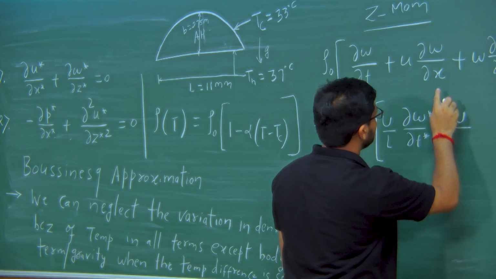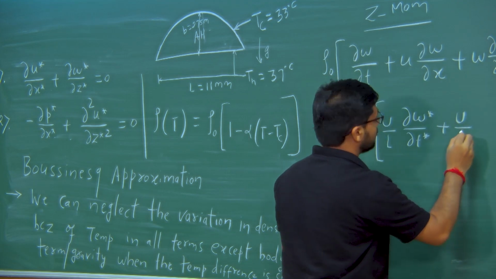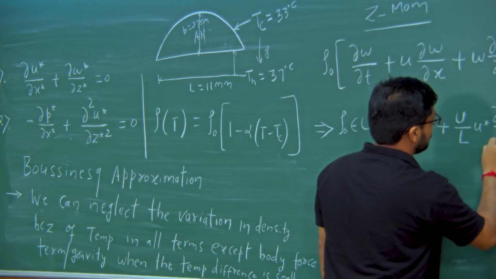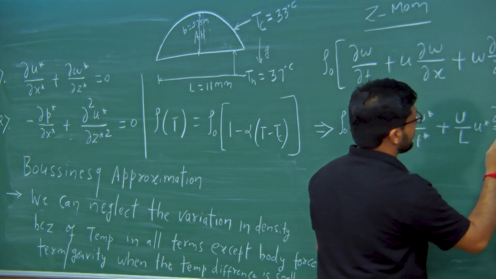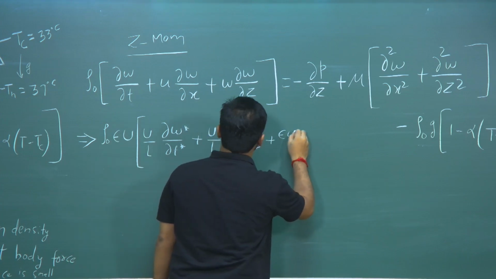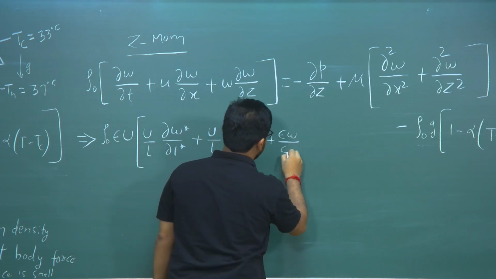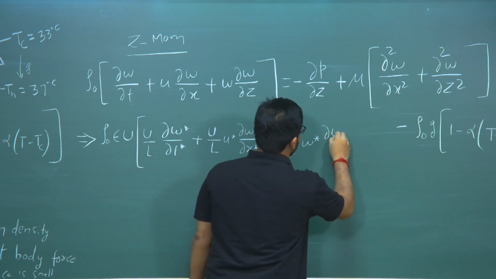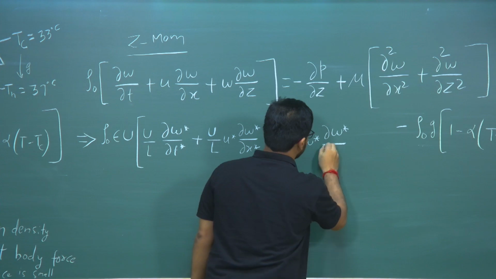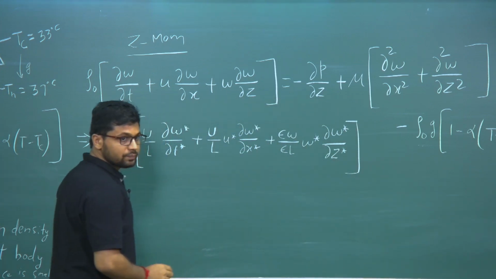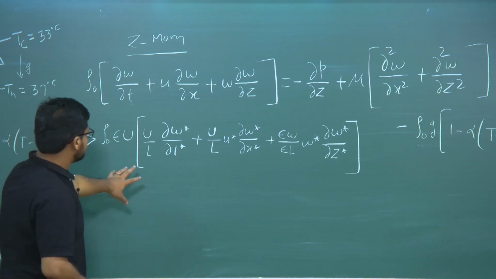So, capital U, for x it will be L, u star dou w star upon dou x star, plus for w it will come epsilon times W, for z it will be epsilon times L, it will be w star times dou w star upon dou z star. Fine. So, this will be the LHS term.